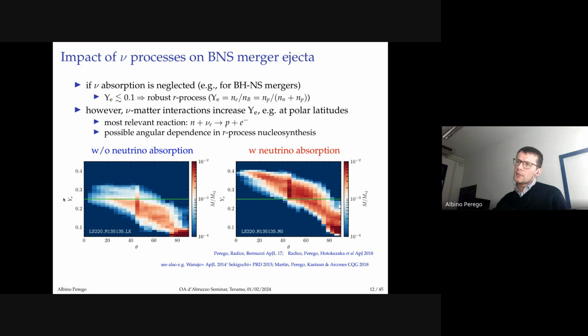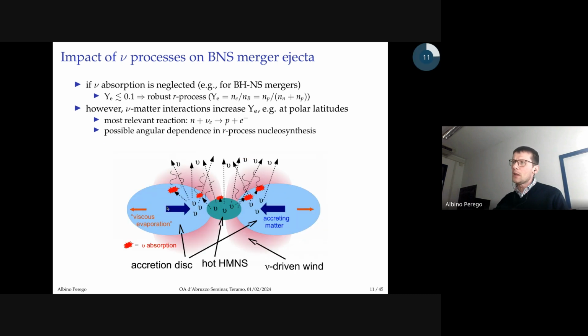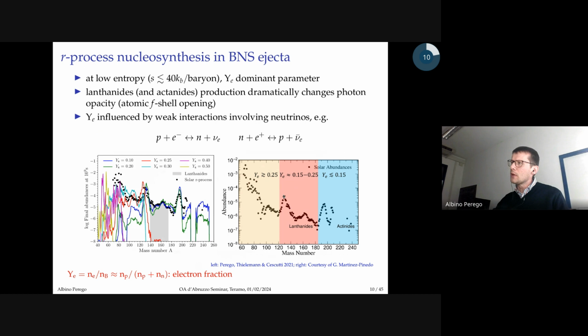Here on the y-axis, you can see the electron fraction of the matter that is expelled at that specific angle. As you can see, if you artificially switch off this reaction, so neutrinos cannot be reabsorbed, the typical Ye of the ejecta at all angles is practically below 0.25. And if you remember, if matter is below 0.25, there is robust production of lanthanides and actinides, but no production of the light elements, as you can see from here.